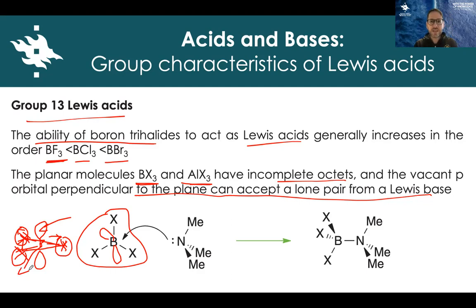Therefore, if the halogen is more electronegative, it means that the boron atom becomes more electropositive. So it becomes more deficient in electrons, and therefore the Lewis acidity would be highest because it is more deficient in electrons.